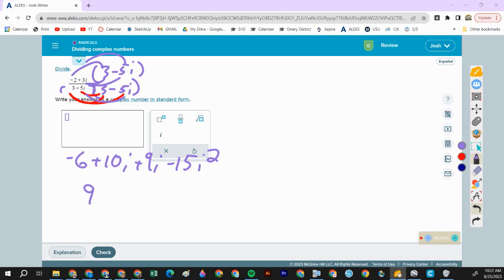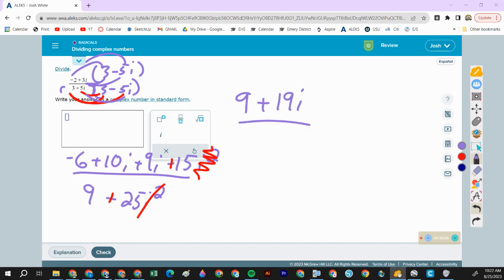And then multiply those. So minus 25i squared, which is really just plus 25. And this is really just plus 15. So negative 6 and 15 make 9. 10i and 9i make 19i. And that's going to be over 34.